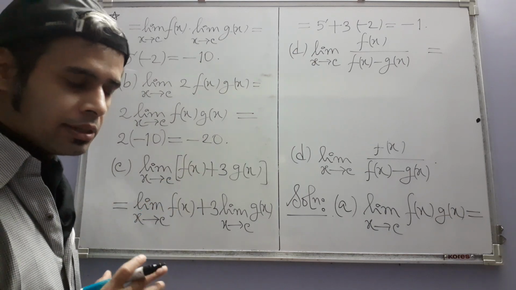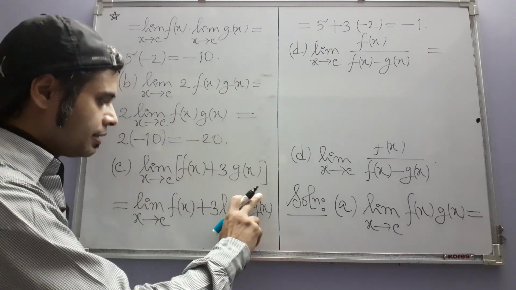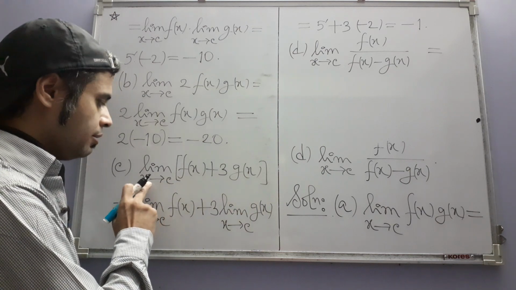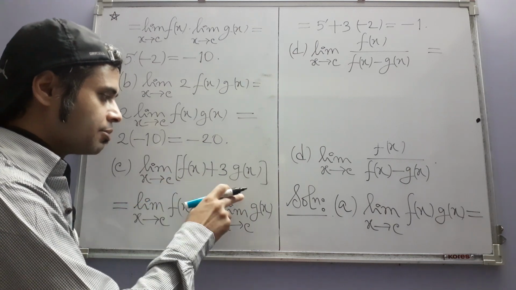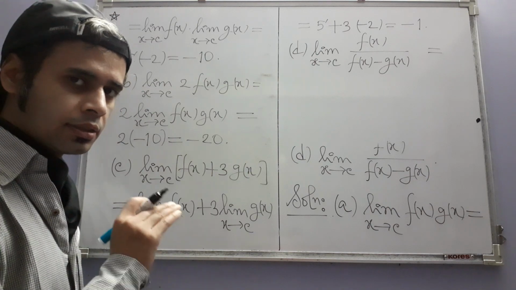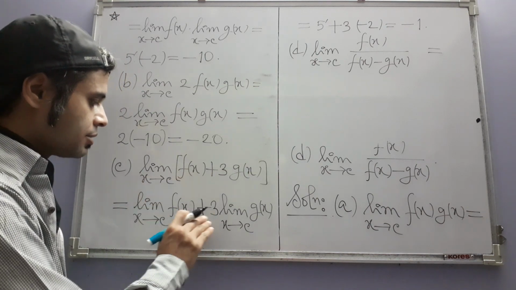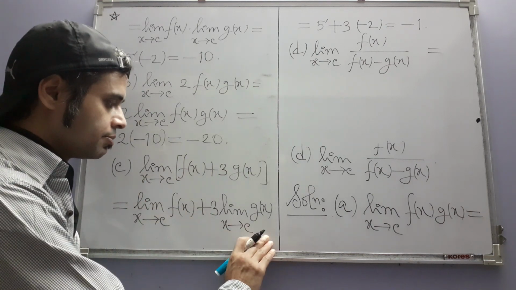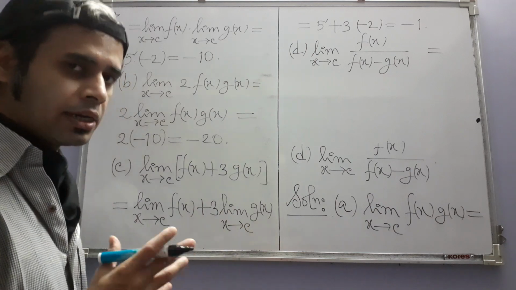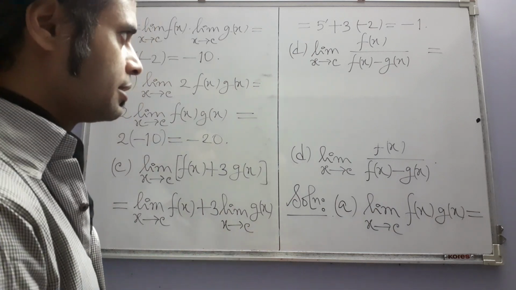There is an intermediate step where you should write limit of f of x plus limit of 3 times g of x. That I have not written, but instead I have directly written this.